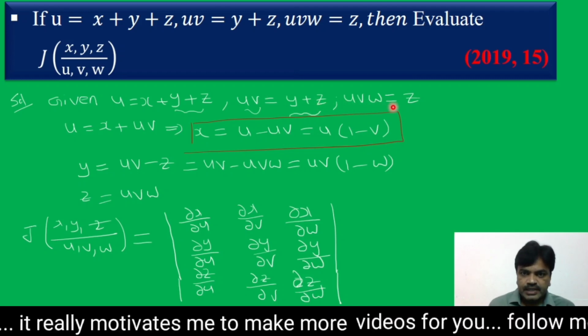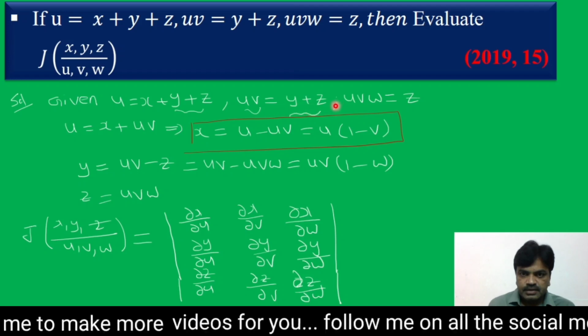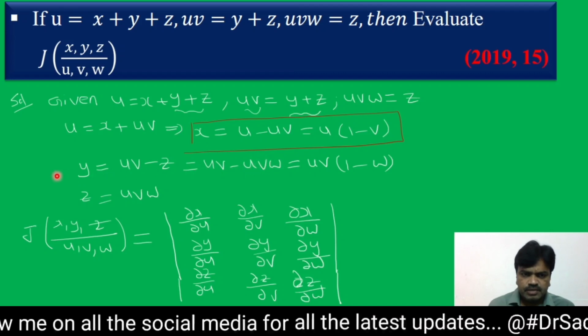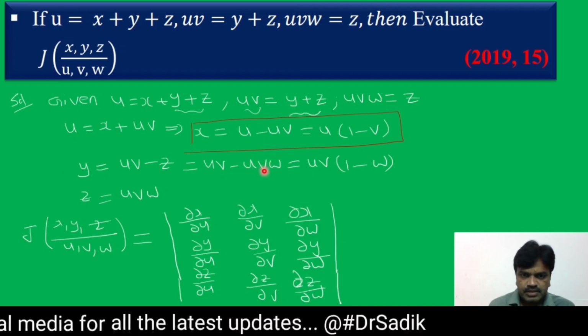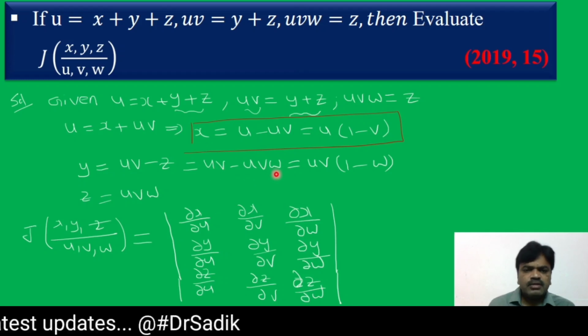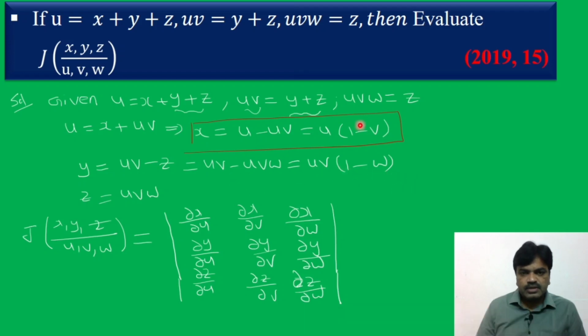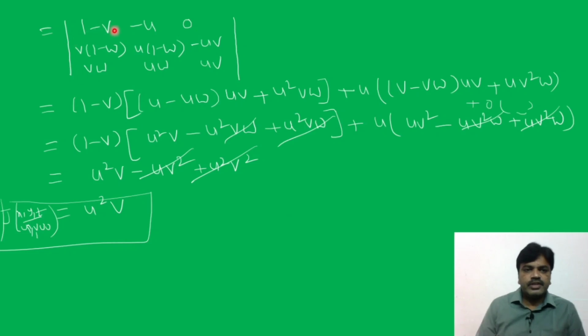Now from the second and third equations, z means uvw, so I substitute uvw, that means y is equal to uv minus z, meaning uvw. Now I can take uv in common, uv into 1 minus w, friends. So finally z is equal to uvw. Now we get x, y, z in terms of u, v, w, and I can find J of x, y, z by u, v, w. Write down the formula, friends, simply find the derivatives and expand the determinant. Finally I get u square v.